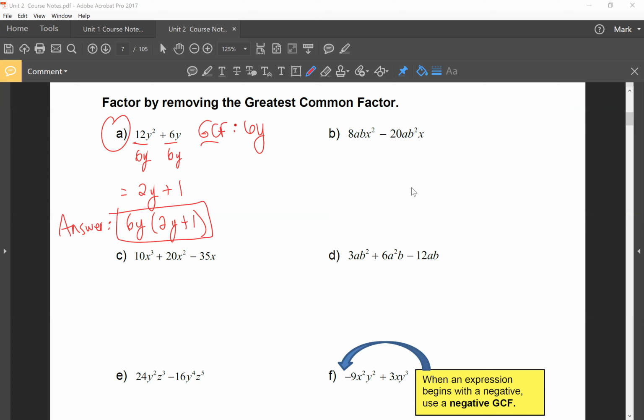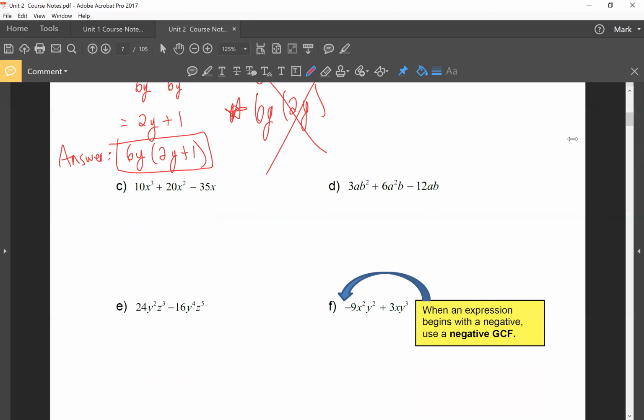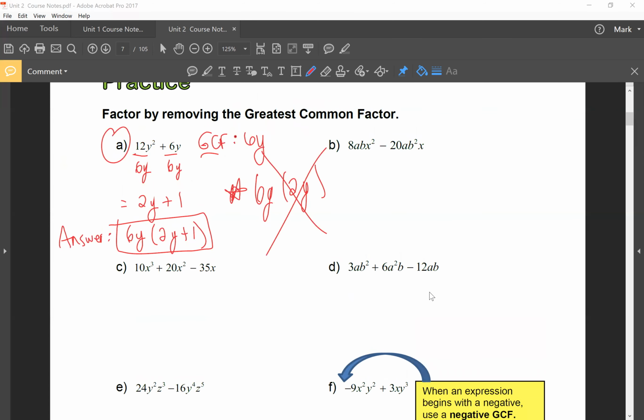But this is a private message, and this says, for number A, this is a really good question. The chat message says, is it the same if I said 6y times 2y? No, it is not the same. So to answer your question, and Dustin just did D, the answer to this is not 6y times 2y.